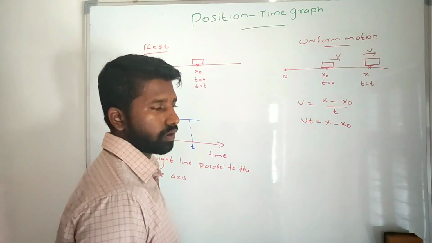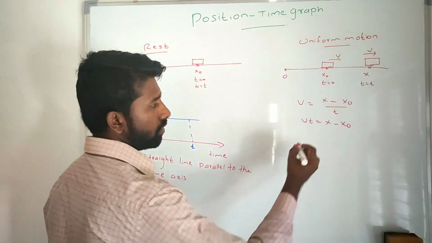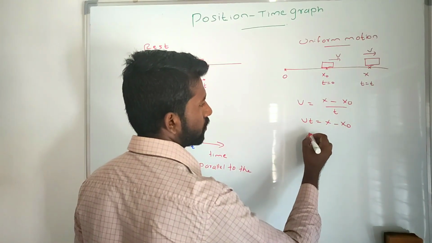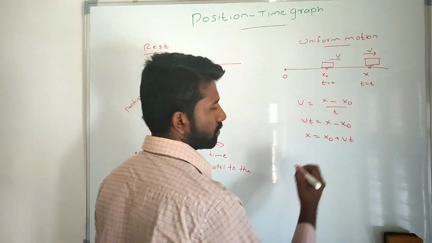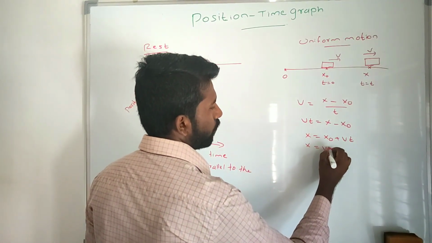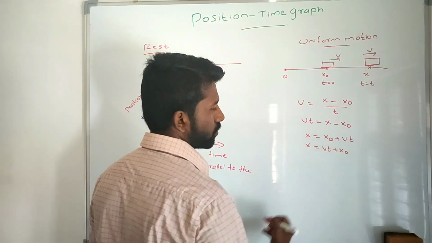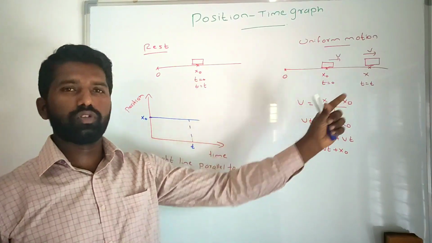What is x? Final position. What is x0? Initial position. From this, x0 comes to this side. So x is equal to x0 plus vt. I rearranged this like this: x is equal to vt plus x0. This is the equation for a uniform motion.